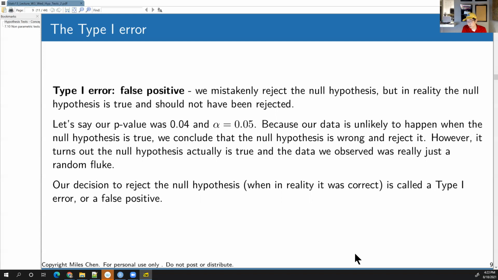And so therefore, we're going to conclude that the reason why I got this data is because the null hypothesis is wrong. Okay, and that something else is going on, and that explains how I got this unusual data. All right, so we conclude that the null hypothesis is wrong and we reject it. But in reality, it turns out the null hypothesis actually is true, and the data we observed was really just a random fluke. Sometimes that happens, right? Again, we could flip the coin, we get 10 heads in a row, we say, oh, that must be a trick coin, okay?